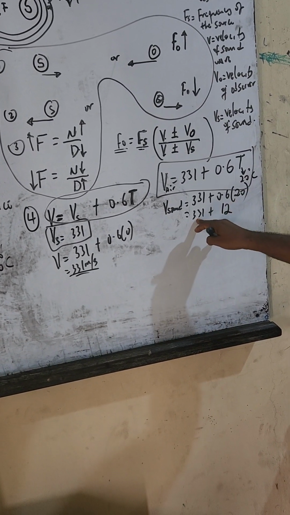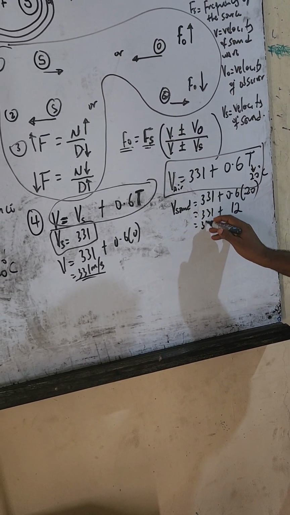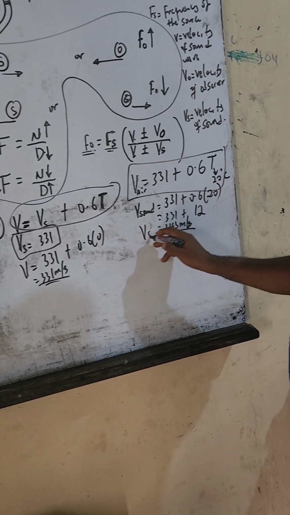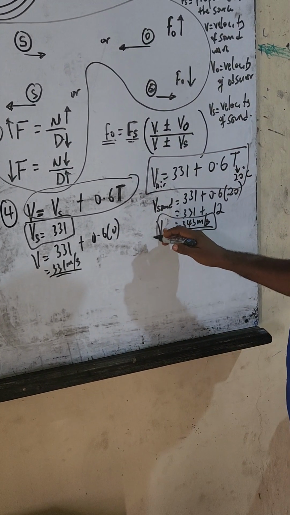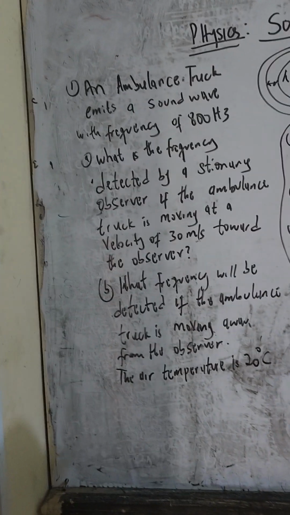So if we add 12 to this, we are going to have 343 meters per second. So that means the velocity of the sound wave for this particular problem we are going to solve is 343 meters per second. Now let's look at the problem here.